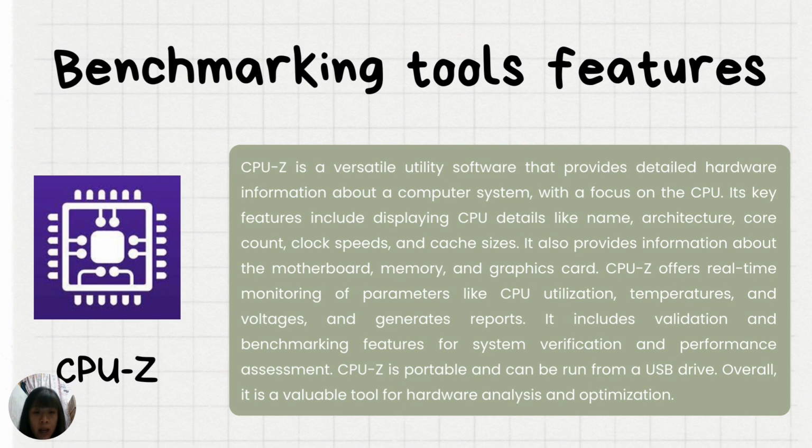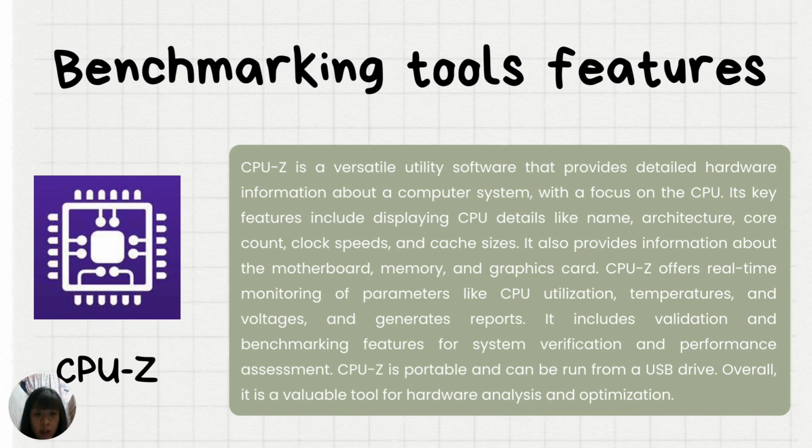CPU-Z is a versatile utility software that provides detailed hardware information about a computer system, with a focus on the CPU. Its key features include displaying CPU details like name, architecture, core count, clock speeds, and cache size. It also provides information about the motherboard, memory, and graphics card.